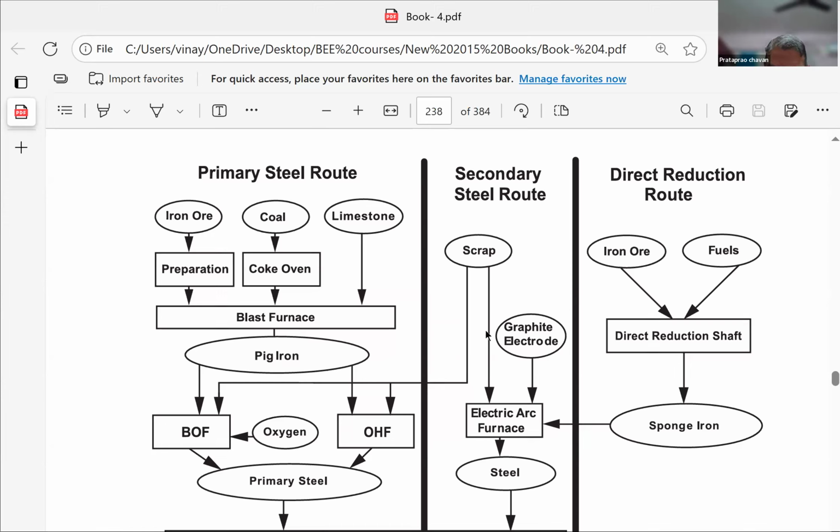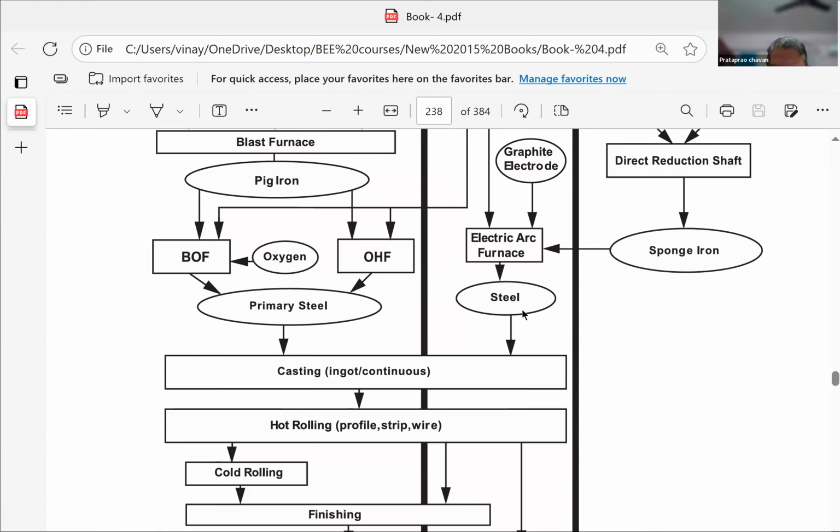and in that all the scrap materials are put in. They are melted here. Since scrap is already a purified form of metal once, not much further purification is needed in electric arc furnaces; it is melted and then cast into different forms.